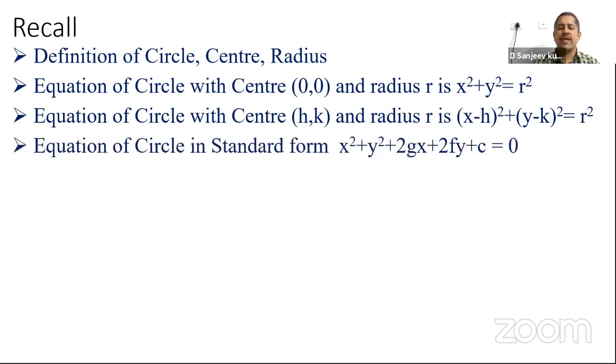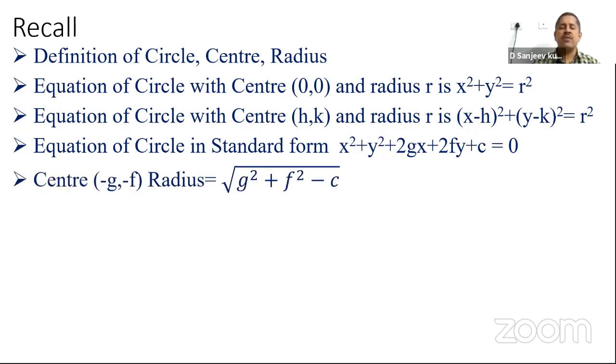Then we took the standard equation of a circle, x square plus y square plus 2gx plus 2fy plus c is equal to 0, where g, f, c are real numbers. Then we discussed what exactly the center and radius are. The center is (minus g, minus f), and the radius is square root of g square plus f square minus c for the standard equation of a circle.